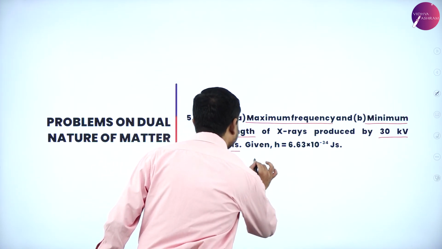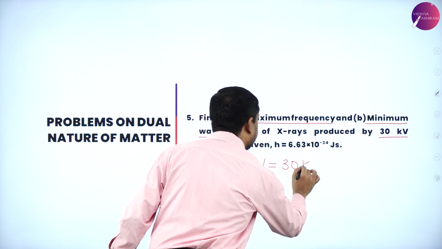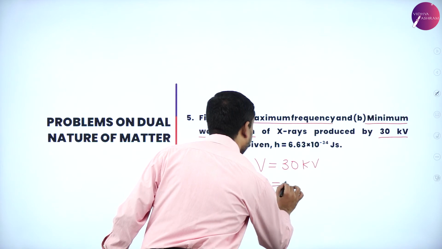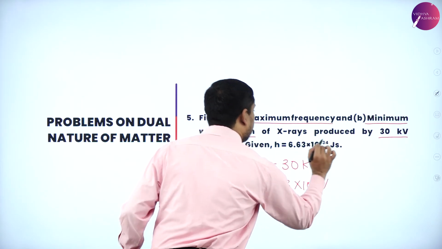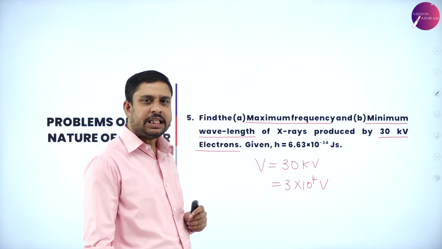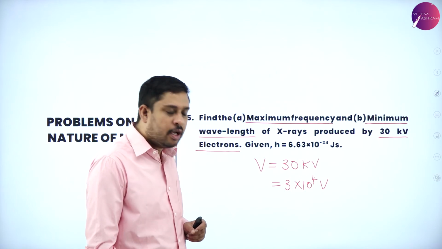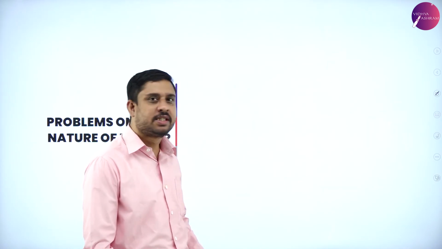So which means V is 30 kilovolts, which is 3 into 10 power 4 volts.